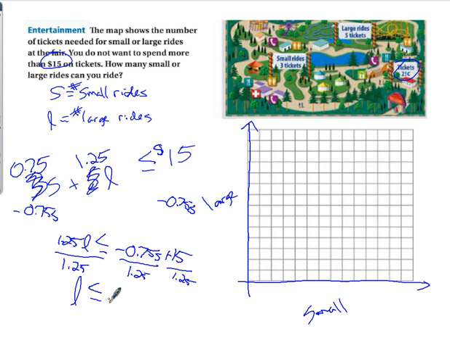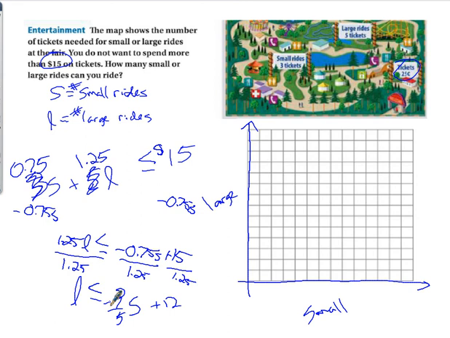Looks like a challenging fraction right there. What is negative 0.75 divided by 1.25? What is it? 0.6? Okay, what is that as a fraction? 3/5 s. 15 divided by 1.25? Plus 12. It should be negative, thank you.